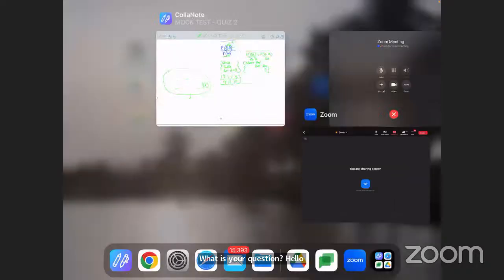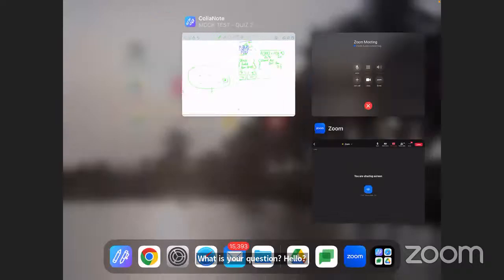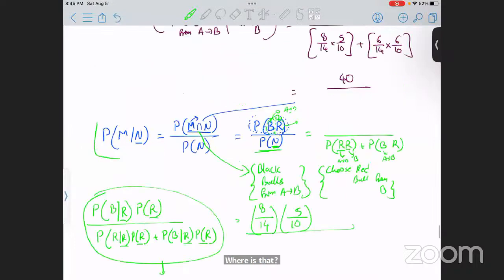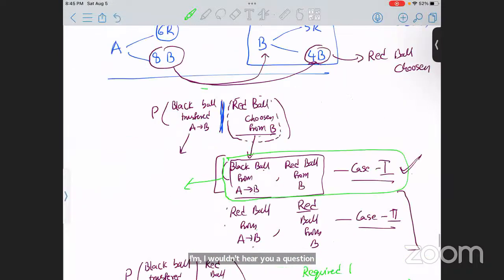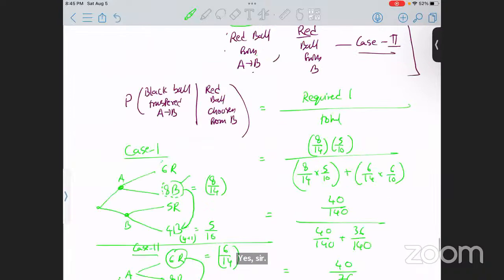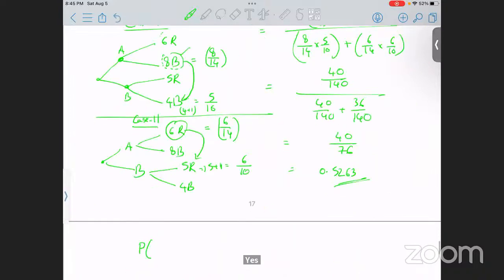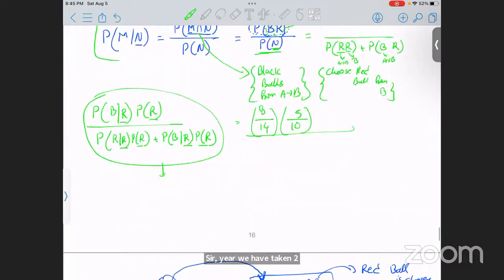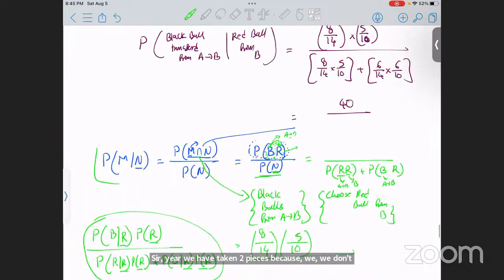Sir, I'm unable to hear your question. Sir, here we have taken two cases because we don't know which red is transferring or black is transferring. That's why we take the two cases.